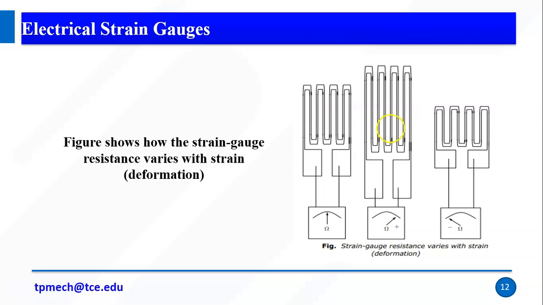If the object gets tension strain, the strip elongates, and I get a positive value. The same way, if the strip is placed on the object and the object is under compression, again the cross section changes. So it will give a negative resistance change value.